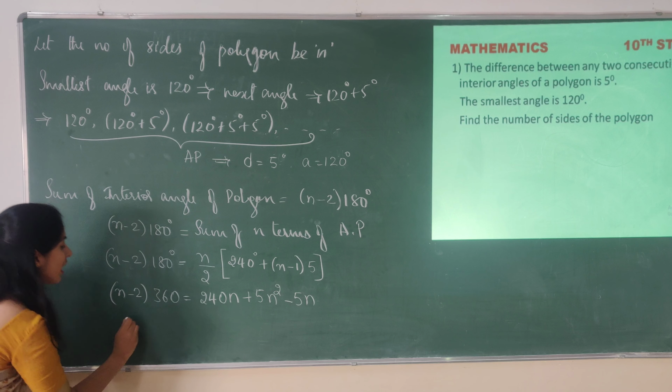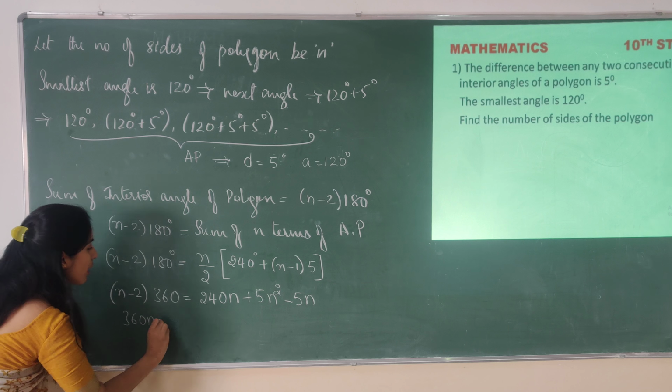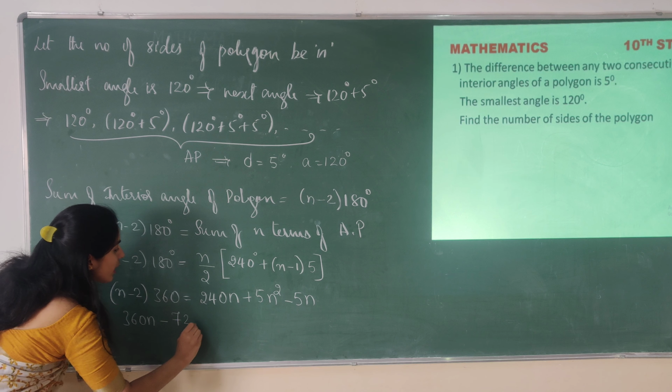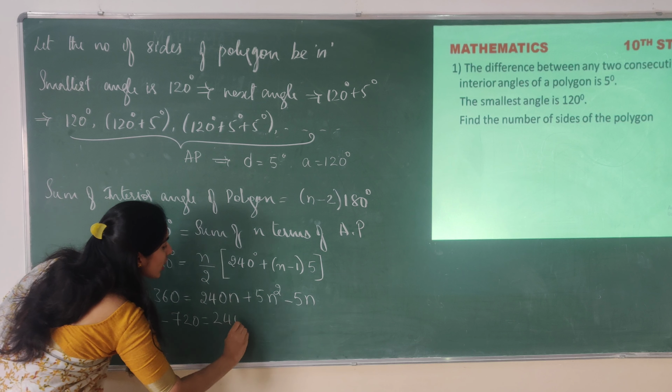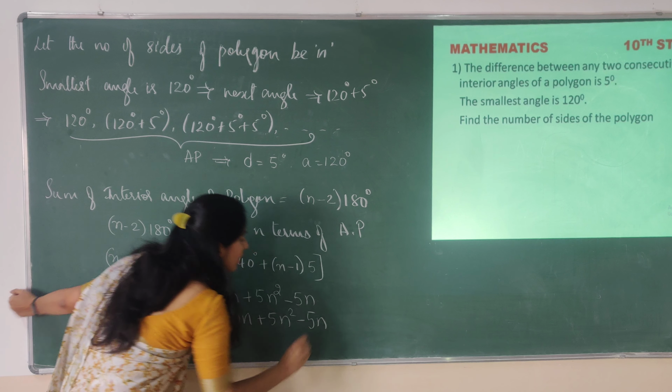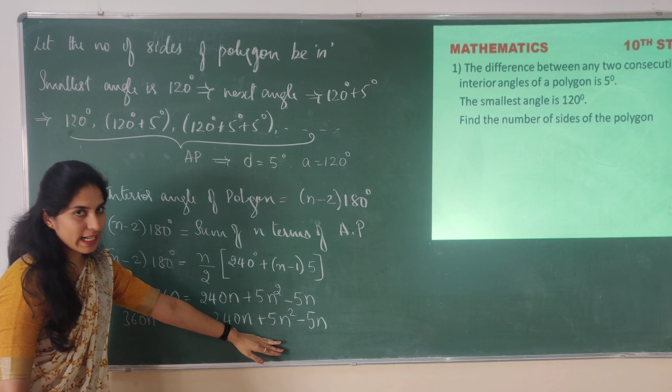So 360n minus 360 times 2 is 720, equal to 240n plus 5n square minus 5n. On simplifying this, we are going to get a quadratic equation.